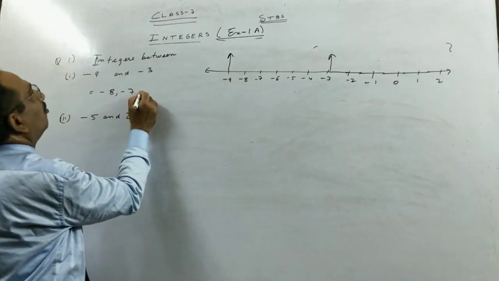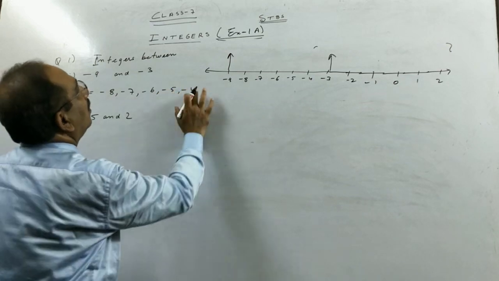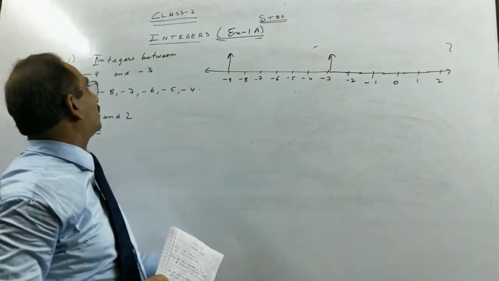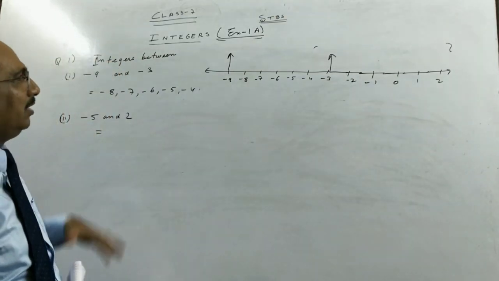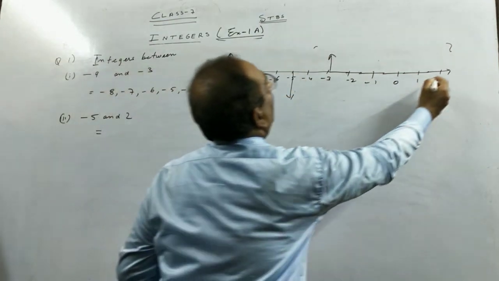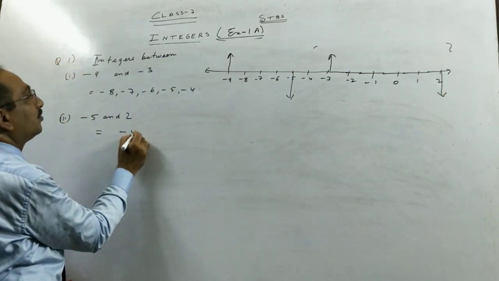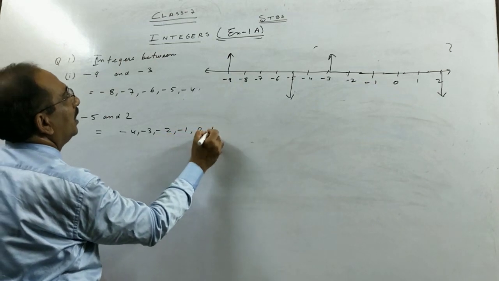Minus 8, minus 7, minus 6, minus 5, minus 4. These are the answers between minus 9 and minus 3. Next is between minus 5 and 2. So see here, between minus 5 and 2, what all integers do we have? Minus 4, minus 3, minus 2, minus 1, 0 and 1.